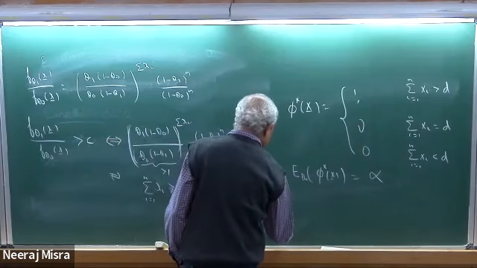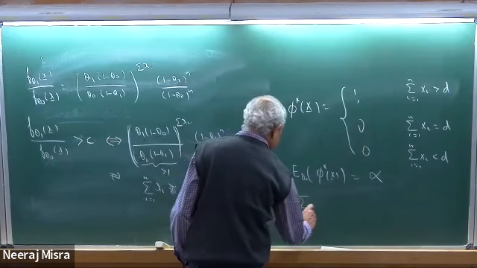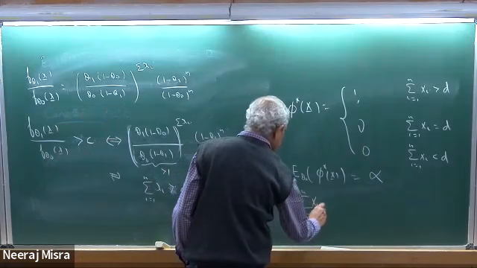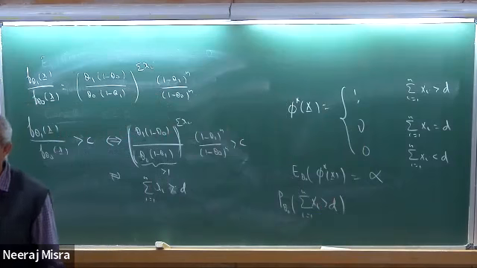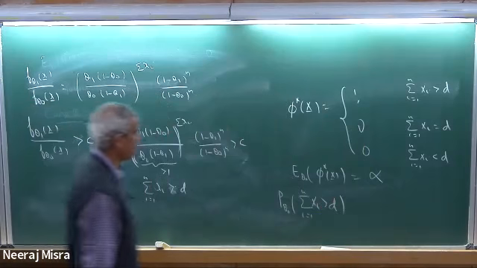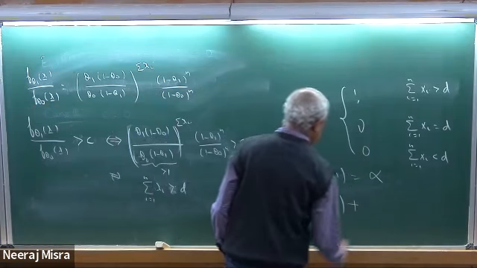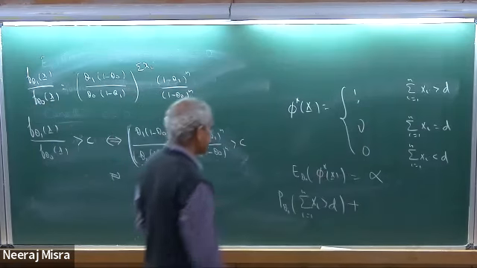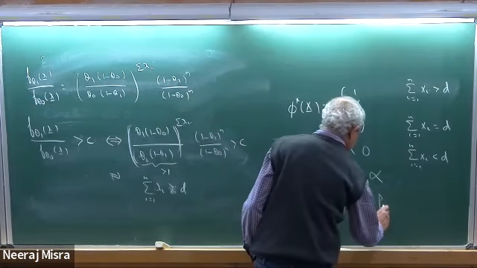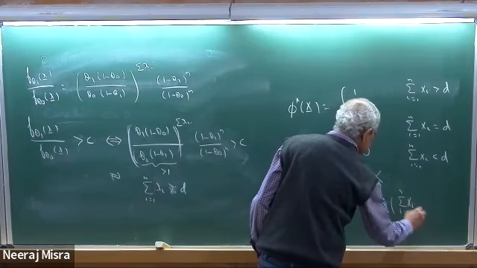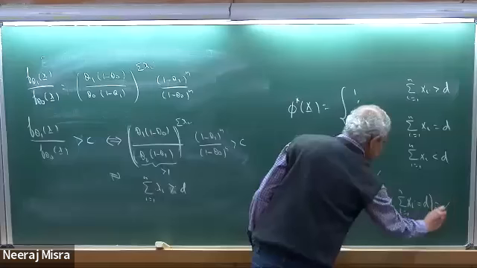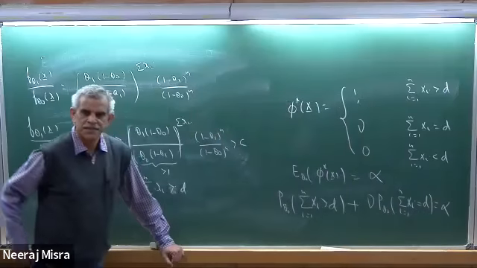That means the probability under H naught that summation xi is greater than d, plus gamma times the probability that summation xi equals d, is equal to alpha. Is that okay?